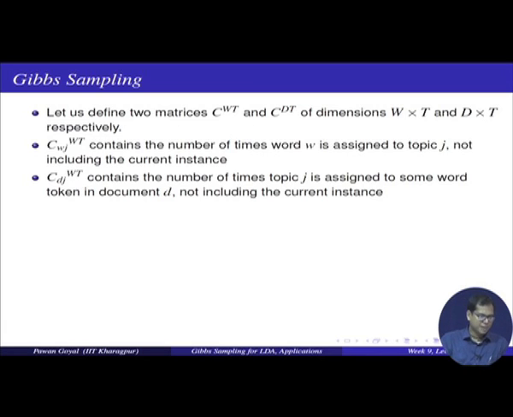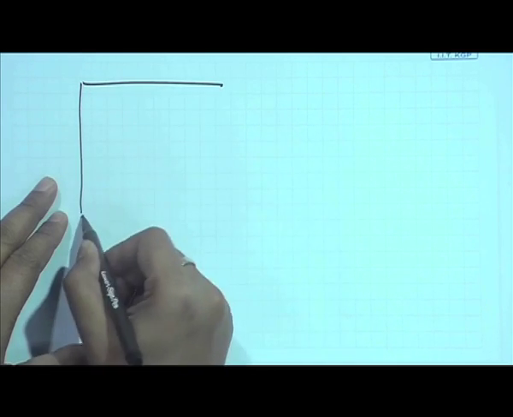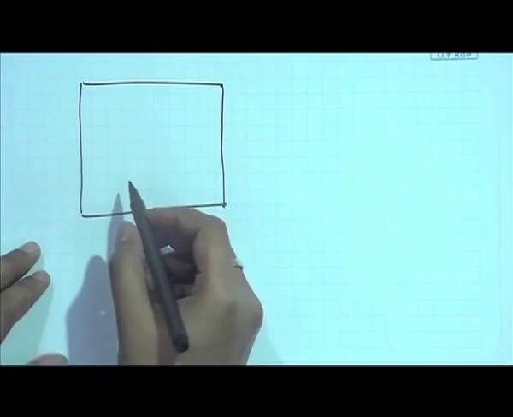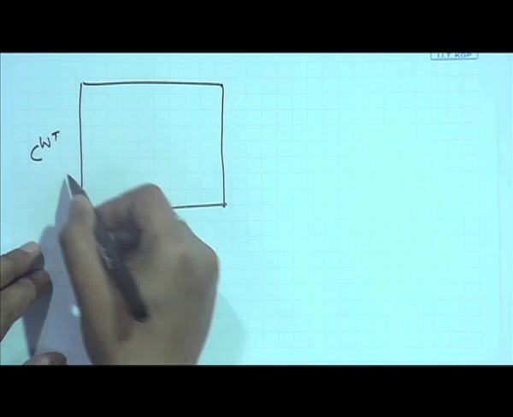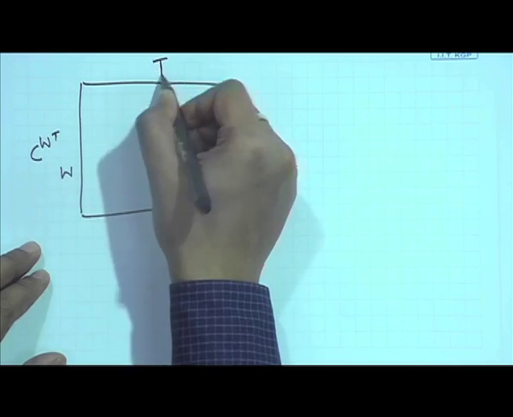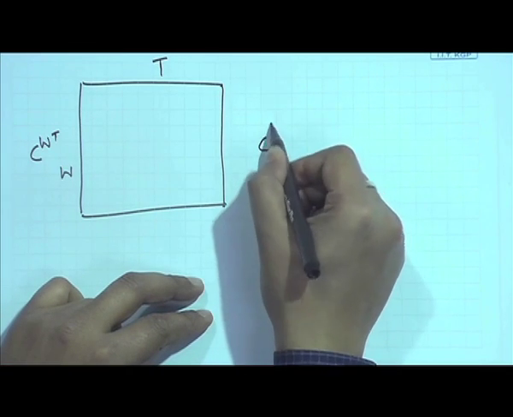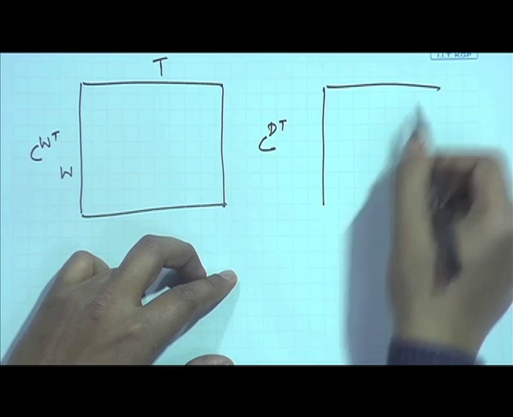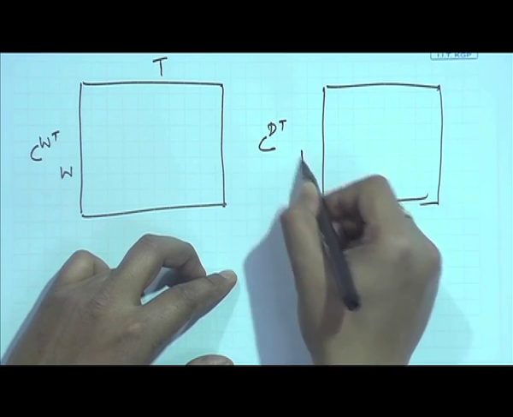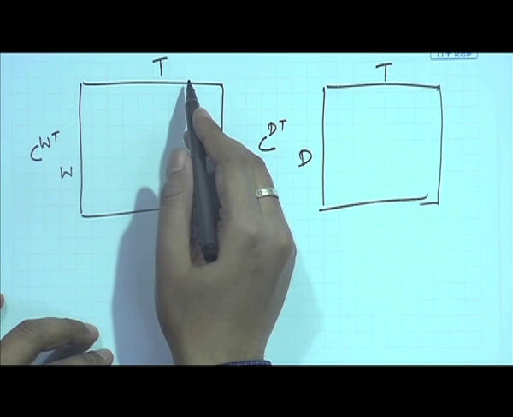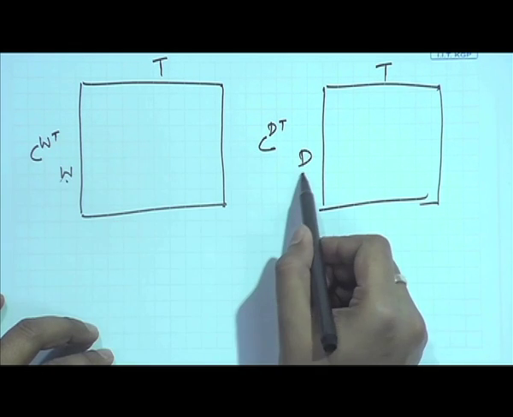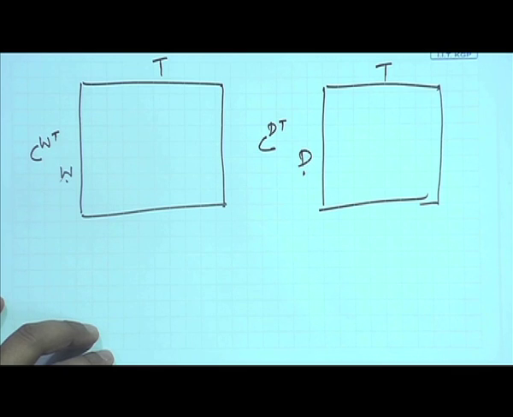One is C_WT of dimensions w times t, another is C_DT of dimensions d times t. T is the number of topics, w is the number of words, and d is the number of documents. So what do they store?